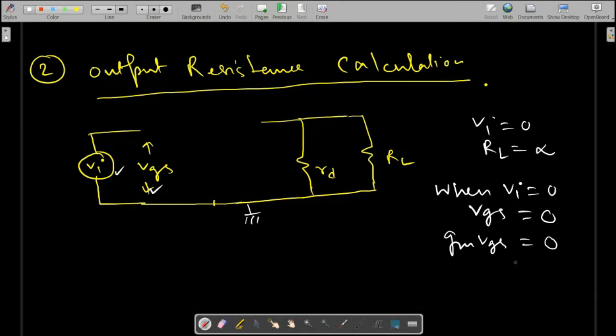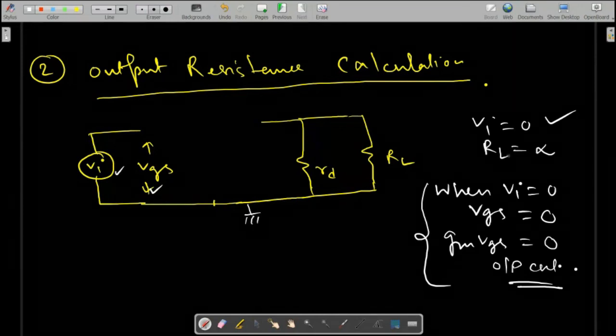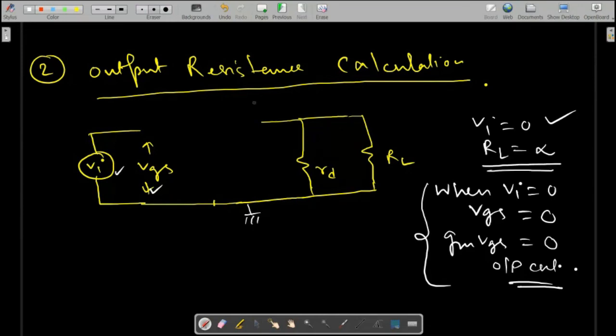So by putting VI equal to 0, we got several simplifications here. The circuit looks like this. RL equal to infinite means RL open. Open RL means remove the RL. There should not be any load.